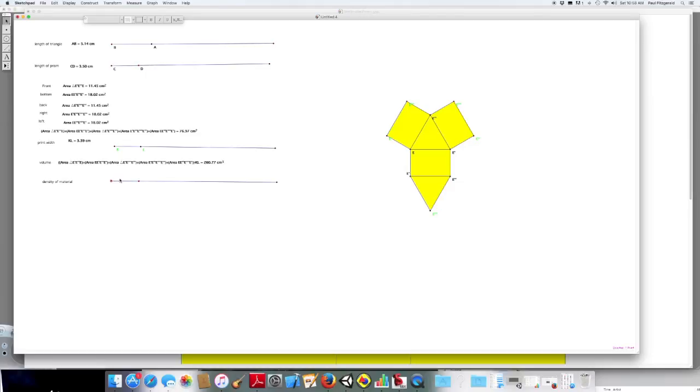So let's measure that distance. Okay, and I'm going to slide that down to 1.25. That's close enough. 1.27, it'll work. It's an estimate.